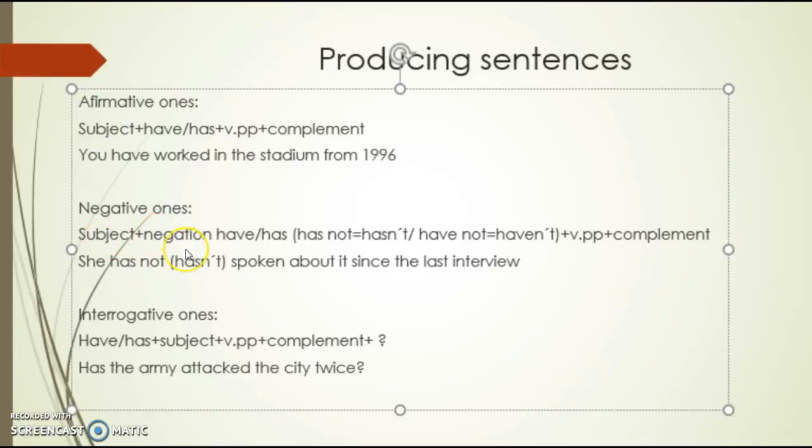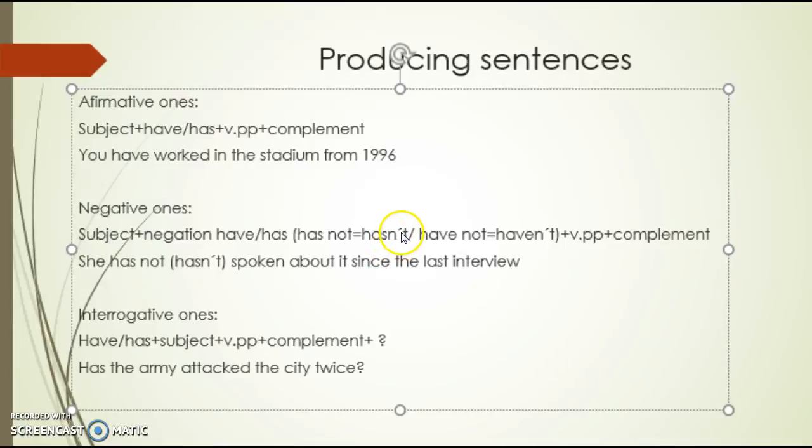these complements. So in the negative ones, we use the subject, in this case the negation of the conjugation of the verb have, has, which would be has not. This always is going to be has not, and this would be hasn't.